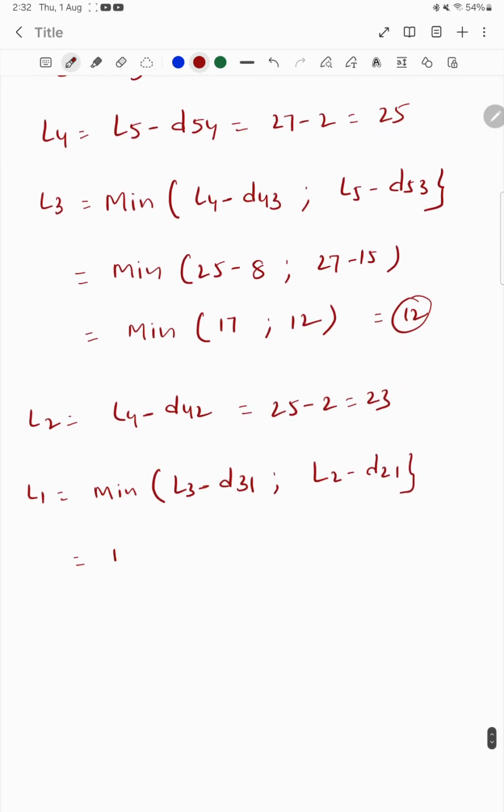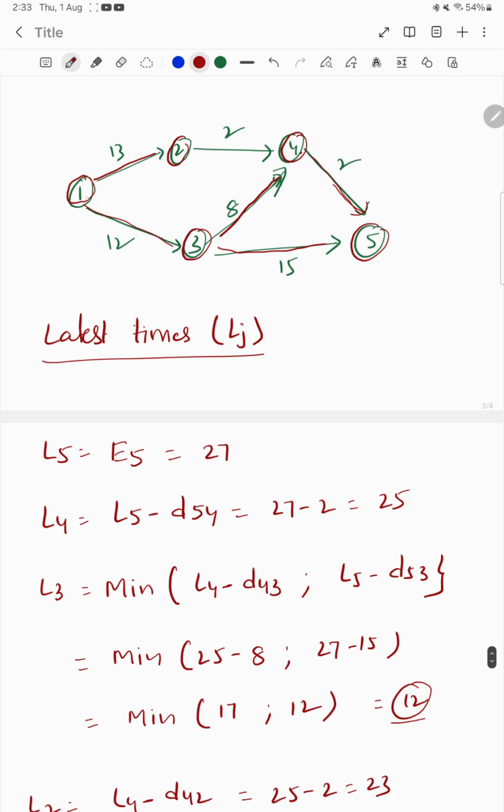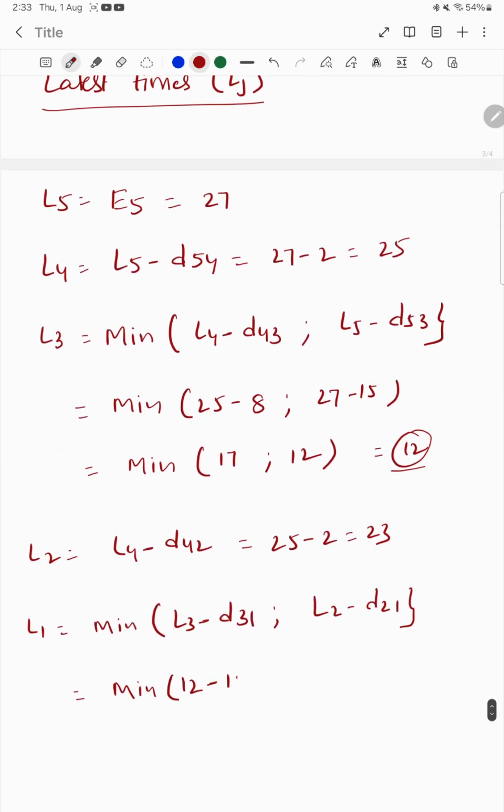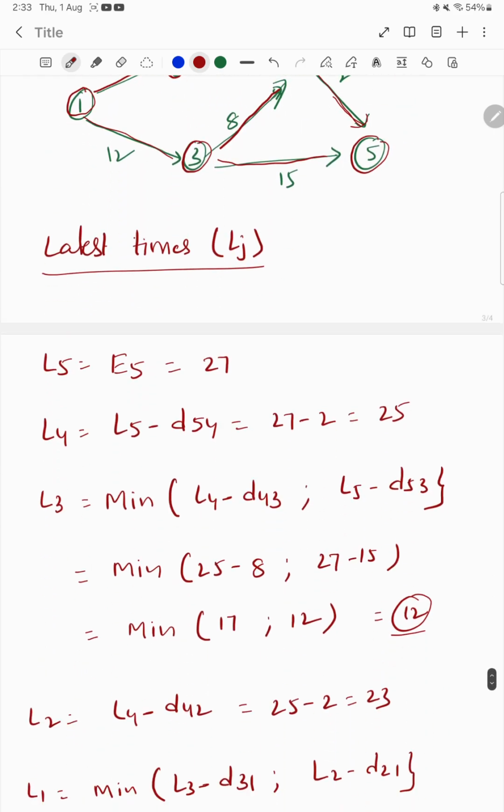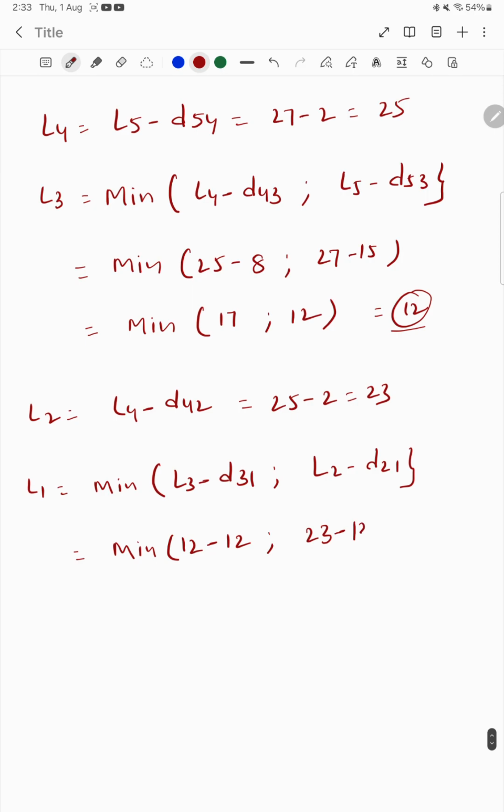That is 12 minus 12, which is 0, and 23 minus 13, which is 10. Out of these, the least is 0.